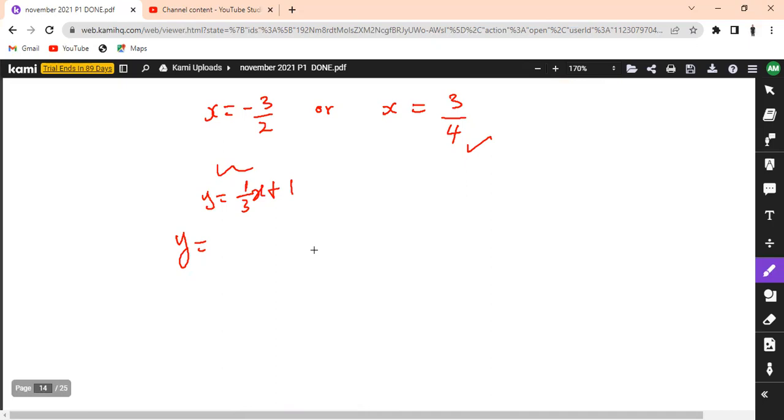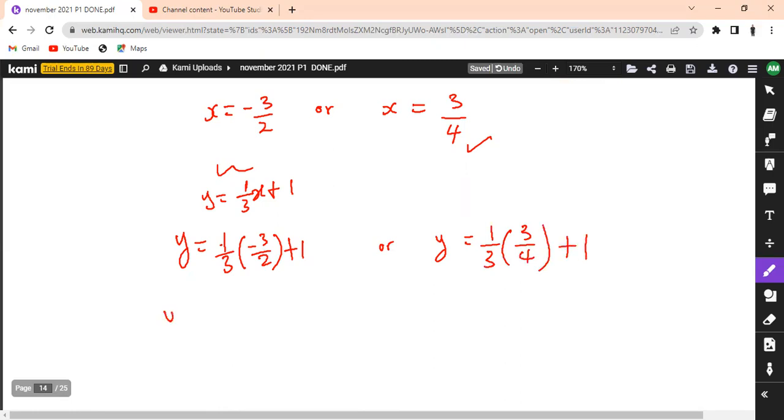So if x is minus 3 over 2, we are going to have 1 over 3 times minus 3 over 2 plus 1 in this case. Or the value of y in this case is going to be 1 over 3, and our x in this case is 3 over 4, so it's going to be 3 over 4, whatever that we have, we add a 1.